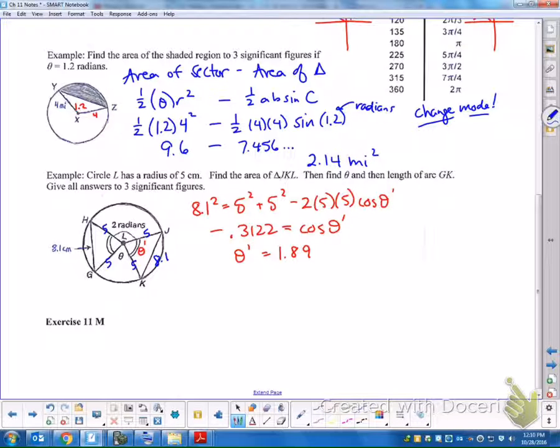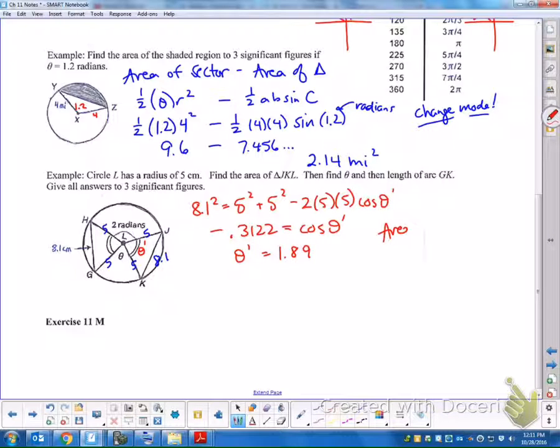I know that all the way around my circle is going to be 2 pi, so I can subtract from 2 pi to find my theta. So I'm going to go ahead and find that theta first. Well, I guess let's not. The directions really say find the area of JKL, so let's go ahead and do that. We've got my angle now, so we have side angle side.